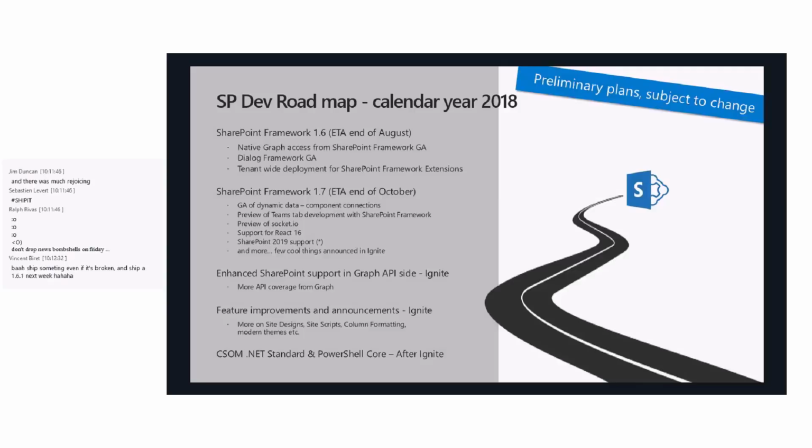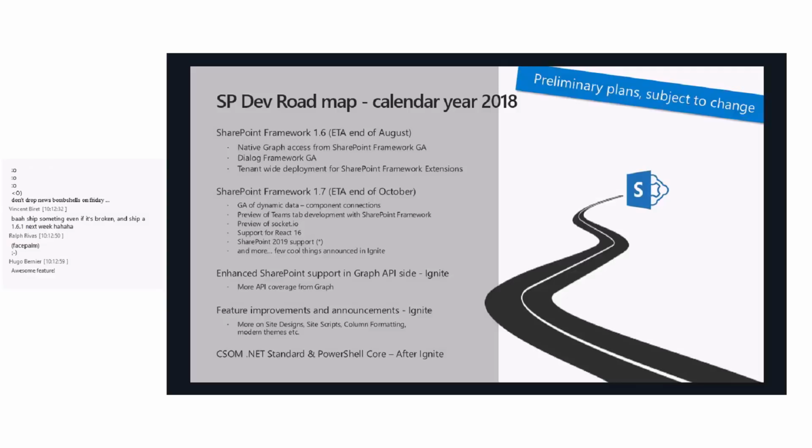The big thing, obviously, is the tenant-wide deployment of SharePoint Framework extensions. So basically, from an app catalog, you're able to say, hey, this SharePoint Framework extension, I want that to be enabled in every single communication site in my tenant. With the snap of our fingers, bam, your footers and headers and whatever will be automatically available across all of the sites, potentially, if you want.